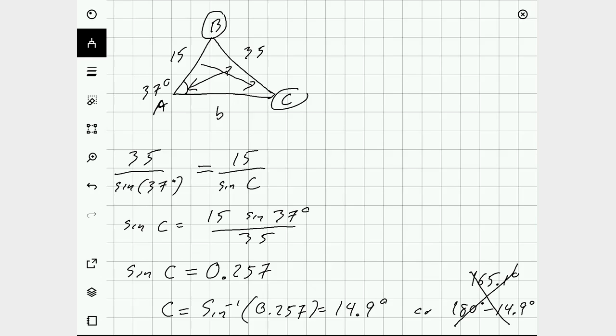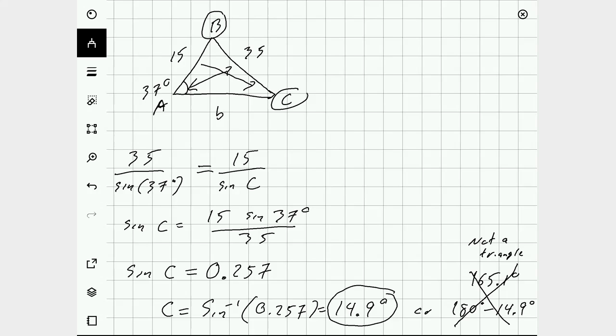So this angle won't work because it would give you more than 180 degrees between the three angles of the triangle. So in this particular example, we end up with just one triangle coming out of it. It's possible to end up with one triangle. It's possible to end up with two triangles. It's possible to end up with no triangles.